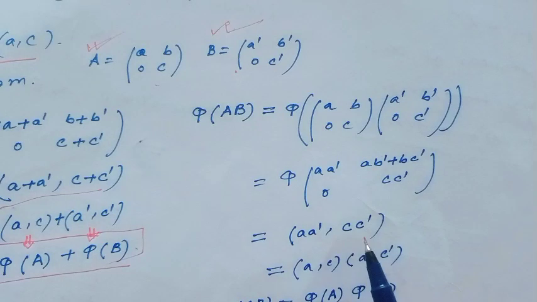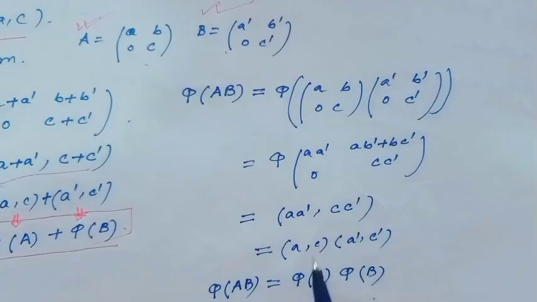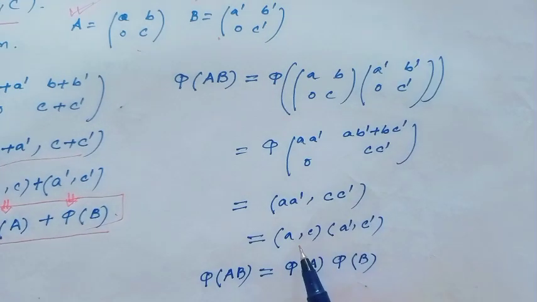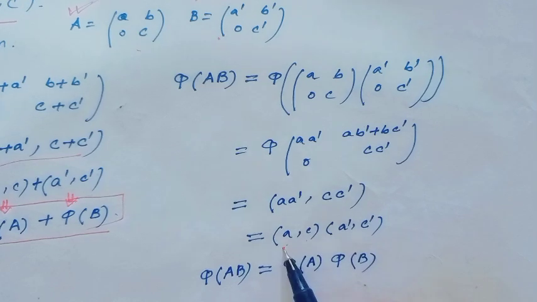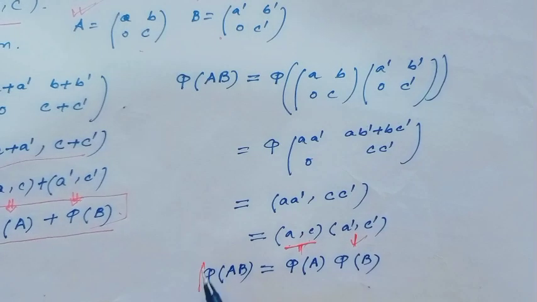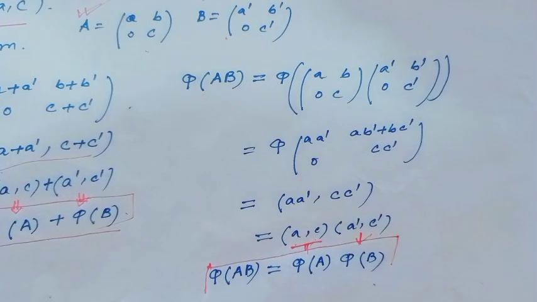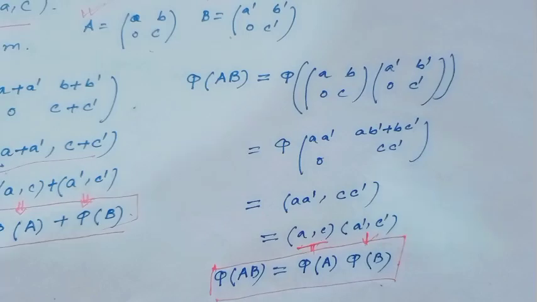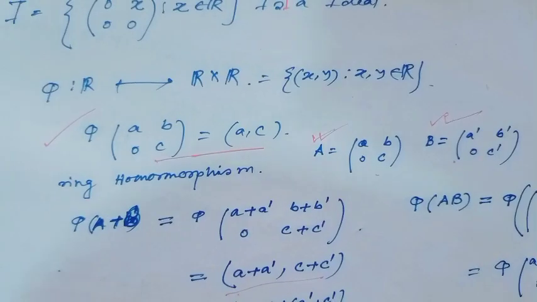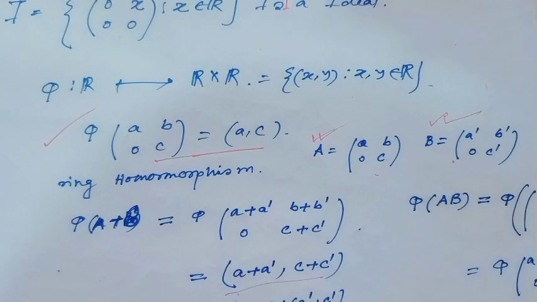By the construction of the mapping, this means (aa dash, cc dash), and we can write this as (a, c) times (a dash, c dash), and this is actually phi of A and this is phi of B. Therefore phi of AB equals phi of A times phi of B. So this type of mapping is actually a ring homomorphism.